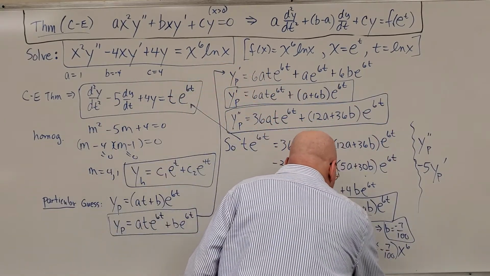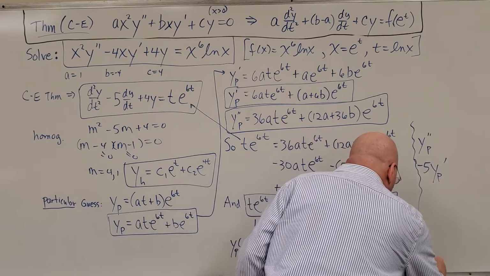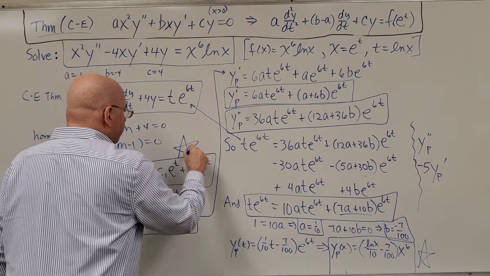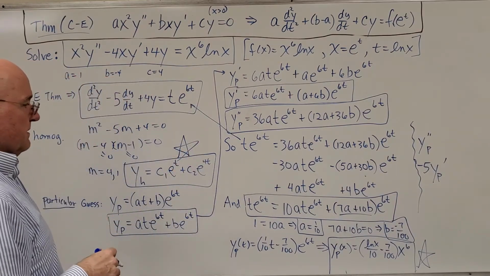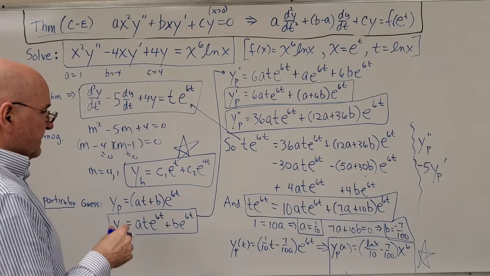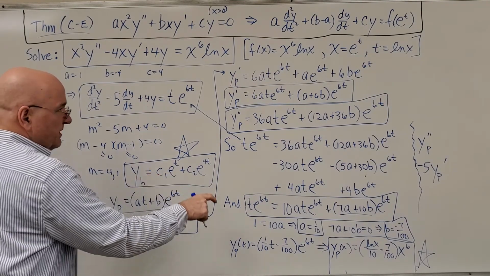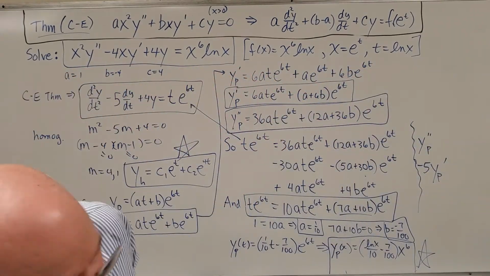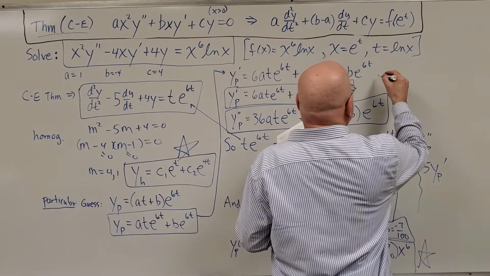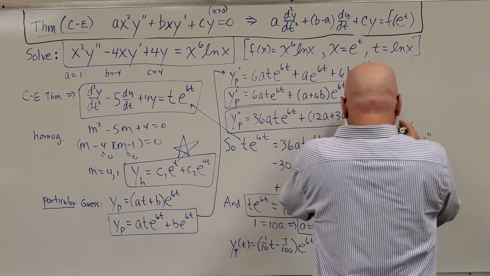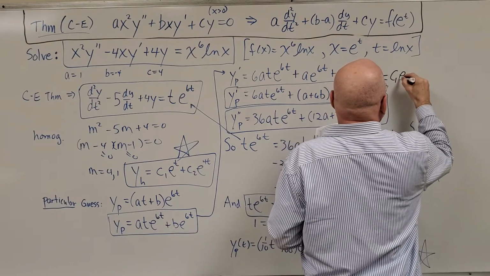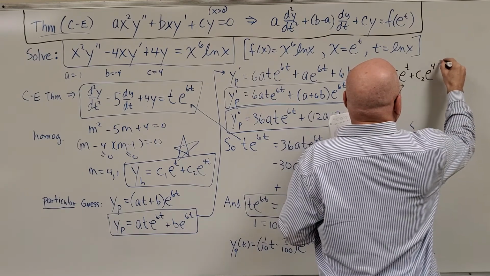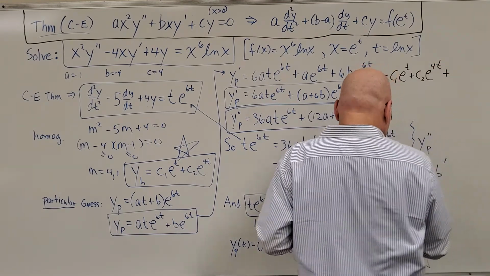That will get a box around it, and a star, because that, along with this, which I'll put another star, those two stars give us the general solution. The general solution is yh plus yp, so our general solution, I'll even use a different color, is y equals, first is the homogeneous, c1 e to the t, plus c2 e to the 4t, plus the particular.